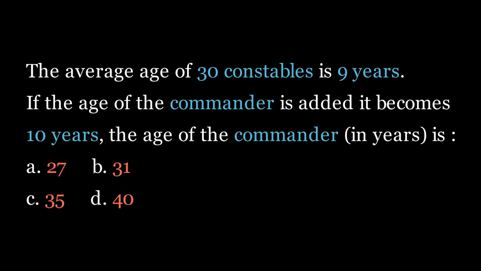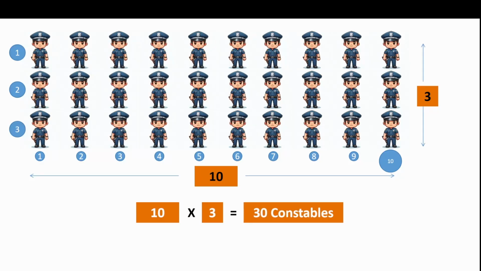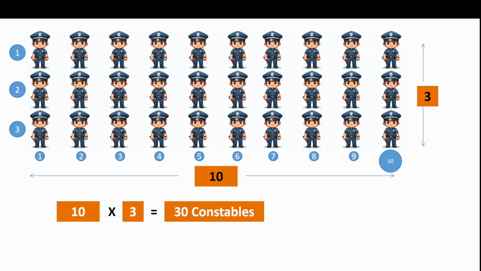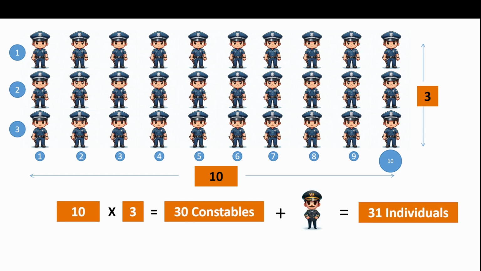And we have to solve for the next part of the question, where the average age increases to 10 years. Looking at the question, remember, it is 10 years. And the number of people also increased, because the next part of the question is telling us that we add the commander and that will equal 31 individuals or people.